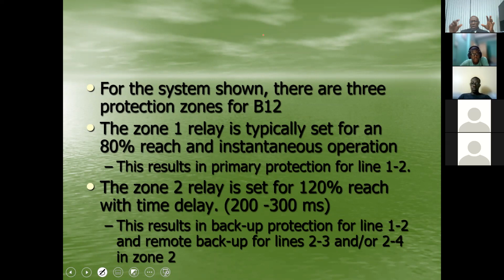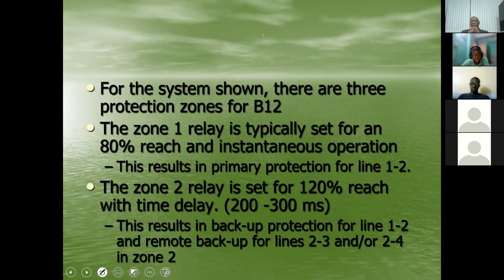So come now, let's make it practical. I'm standing at Old Hope Road. And I am now protecting the line between Old Hope Road and Cane River. Right? Cane River is in eastern St. Andrew. Right? So I'm looking towards Cane River. That's my impedance relay, and I'm looking at the line that goes down to Cane River.